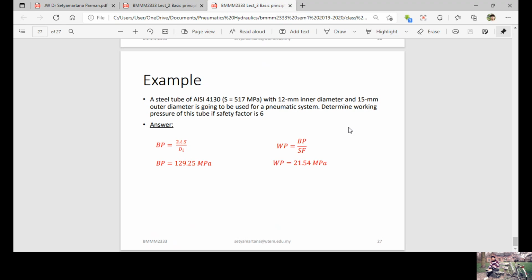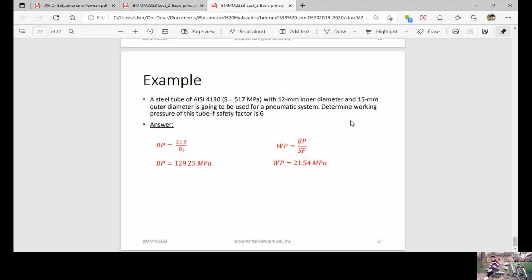This is the example. A steel tube of AISI 4130, which has the tensile strength 517 megapascal with 12 mm inner diameter and 15 mm outer diameter, is going to be used for a pneumatic system.